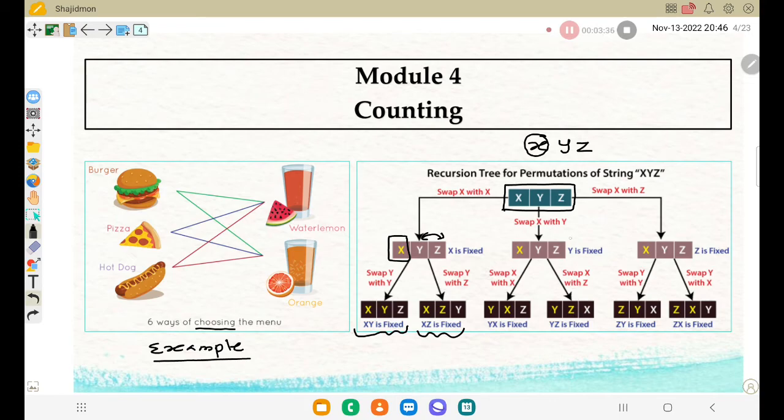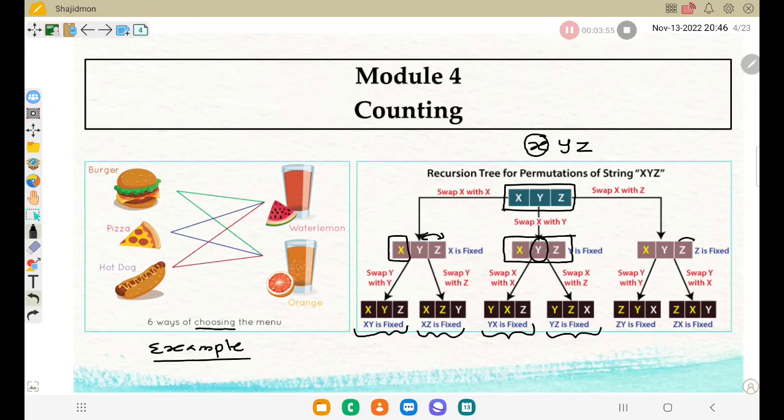Similarly, fixing y as the first letter and swapping x and z, we get two options, y x z and y z x. Swapping in the same way, we get another two options.